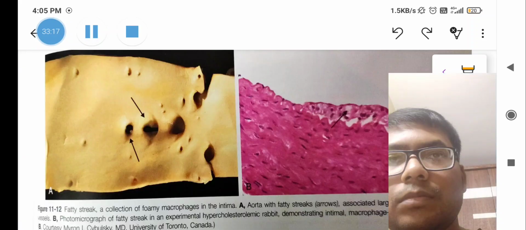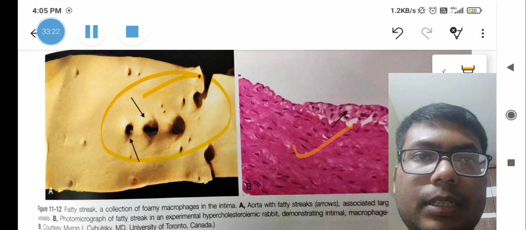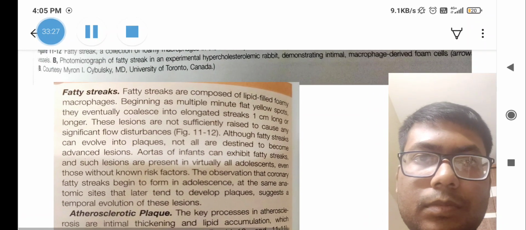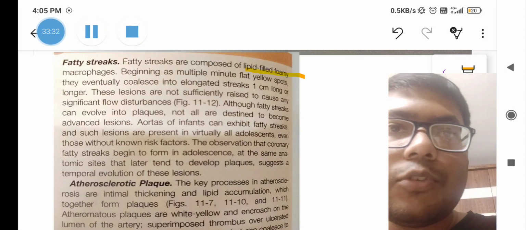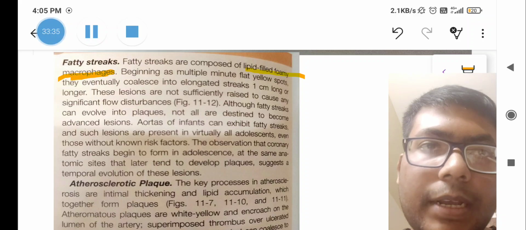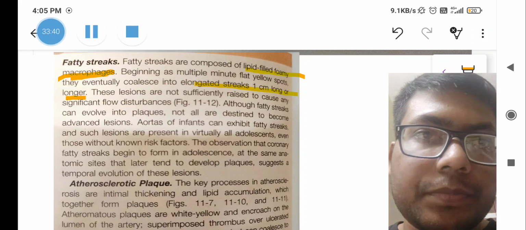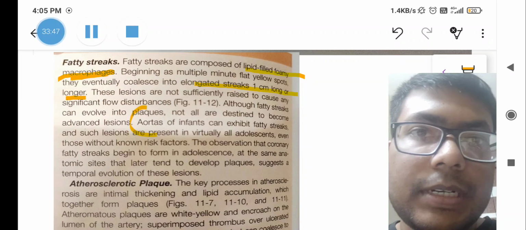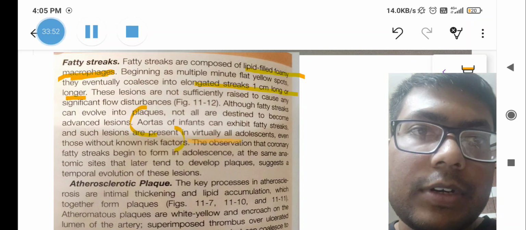So this is the picture of the fatty streak, and this is the histopathological component of that. Fatty streak is composed of lipid-filled foamy macrophages. An elongated streak is 1 centimeter long and longer, and the aorta of infants can exhibit the fatty streak, and such lesions are also present in virtually all adolescents.